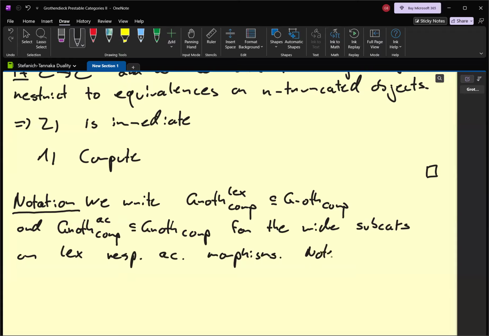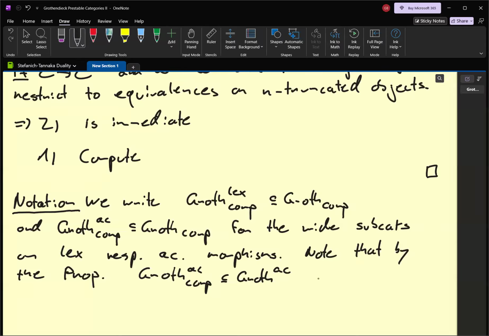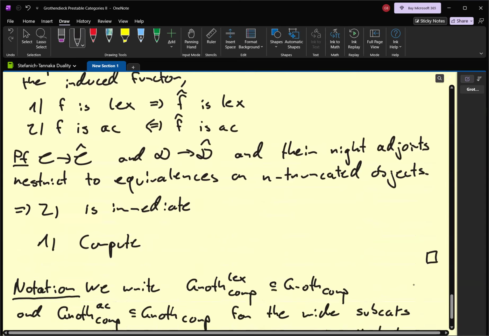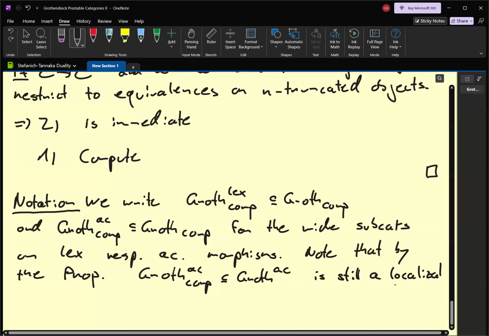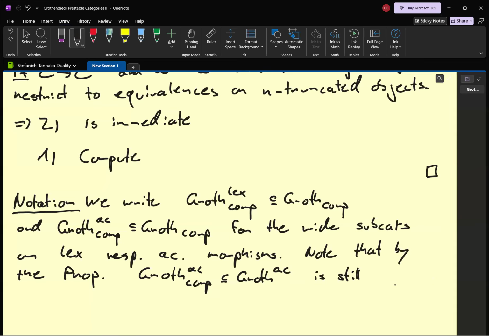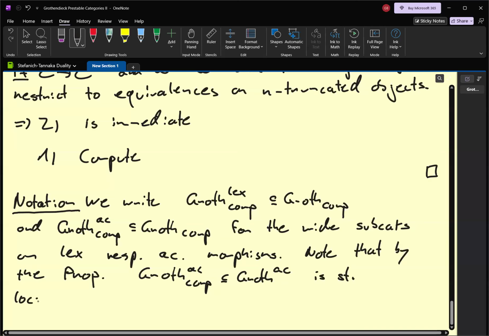And note that by the proposition, the second guy is still a localization.